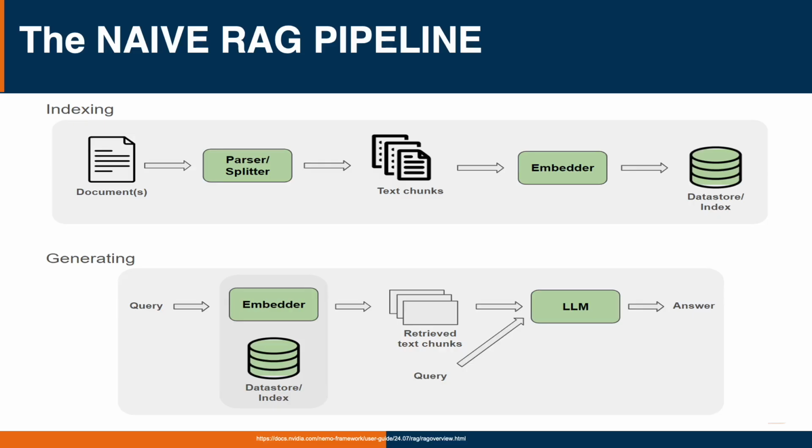If it is in the vector store, I get the retrieved chunks. Some vector databases could give you like 100 chunks, based on how much context your LLM can take.